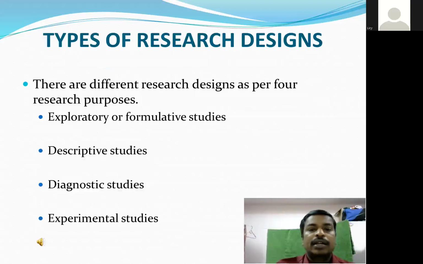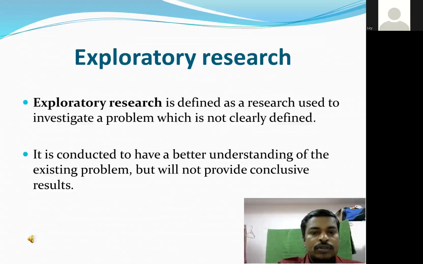And then types of research design. There are 4 types of research design. One is exploratory, that means formative studies. The second one is descriptive studies, the third one is diagnostic studies, and the fourth one is experimental studies. So first, exploratory research.